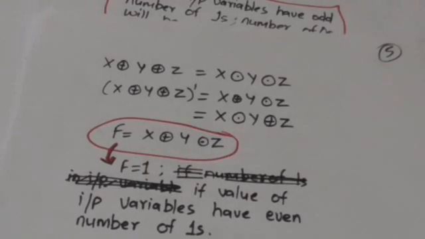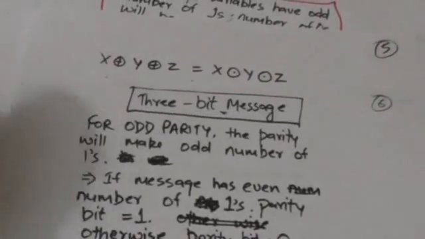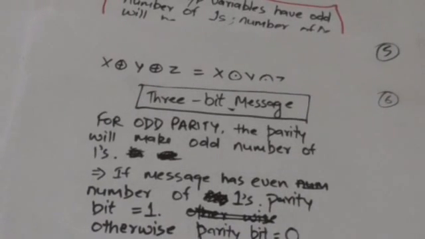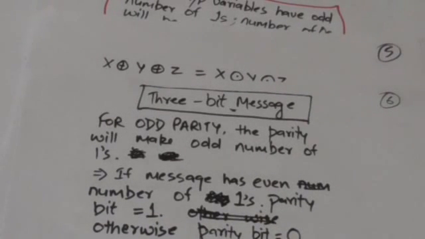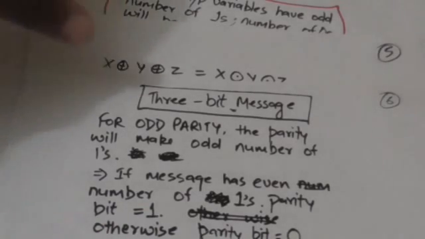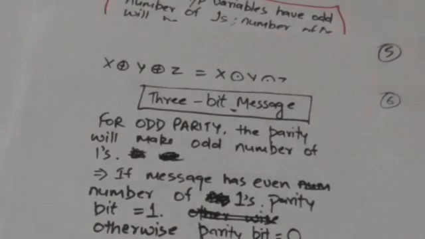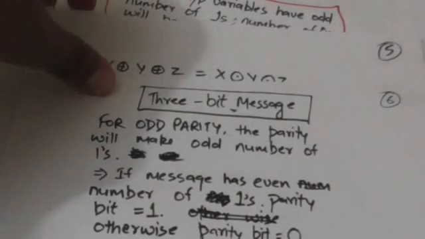Now let us design an odd parity generator for 3-bit messages. For odd parity, the parity bit will make an odd number of ones in the message. If the message has an even number of ones, then the parity bit should be equal to 1.